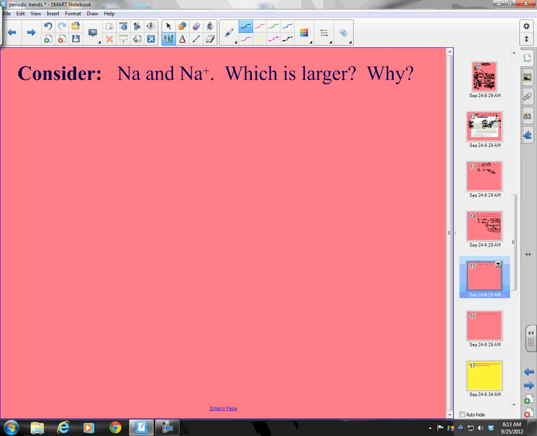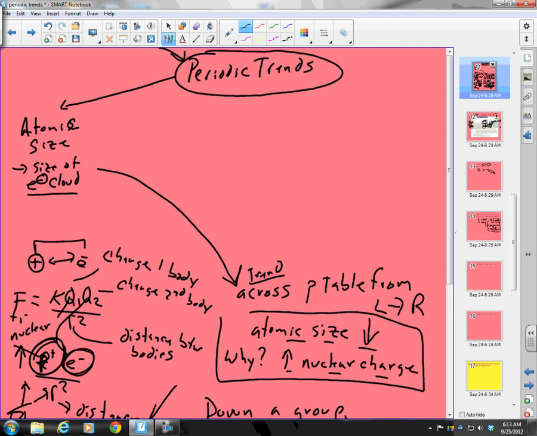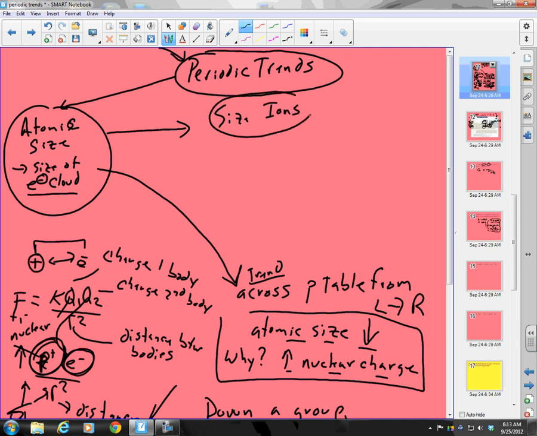Consider sodium and sodium plus. Which is larger, and why? Let's build off of our atomic size and talk about the size of ions. What are ions?